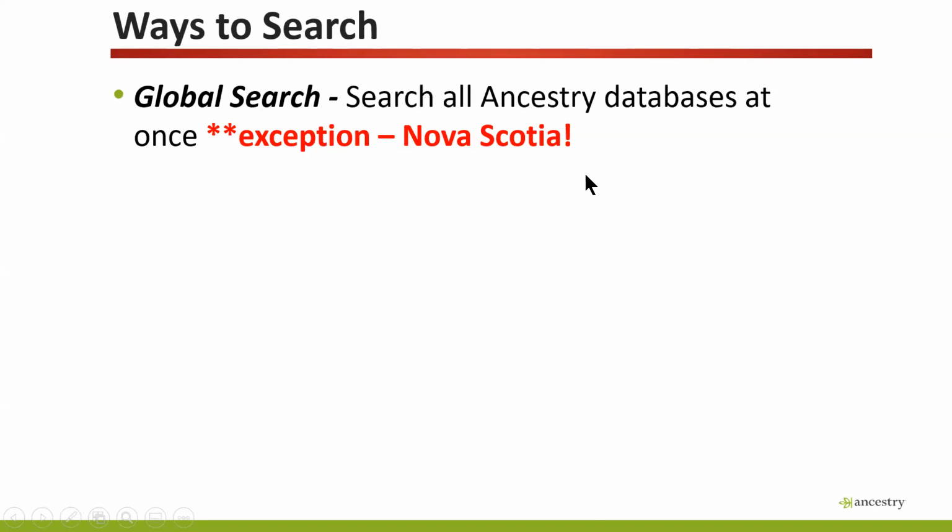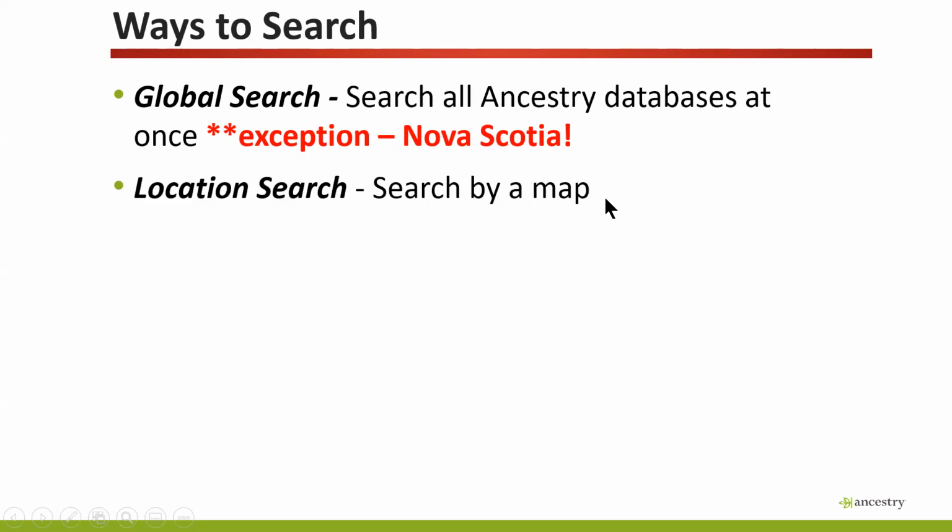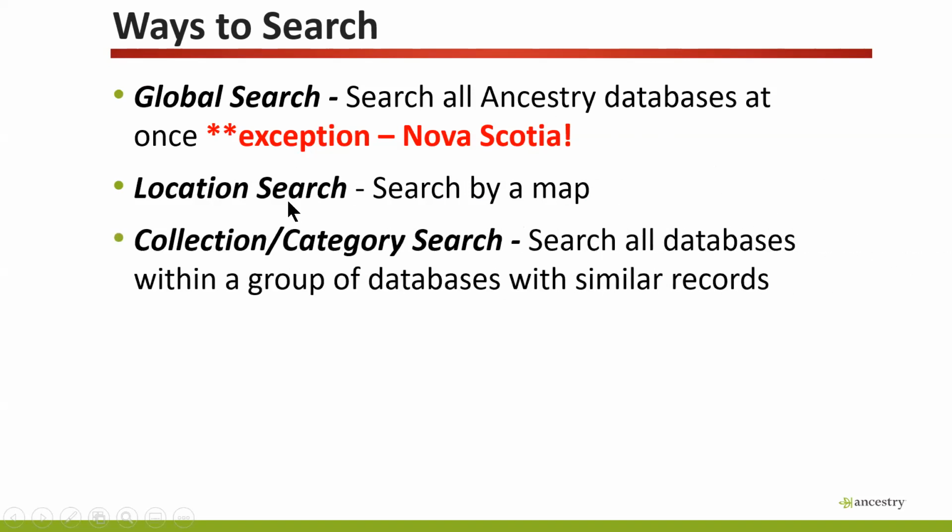We do have Nova Scotia records for birth, marriages, and deaths. However, the restriction on the agreement that we have with Ancestry is that you need to go to the map to find the Nova Scotia records and agree to their terms and conditions. So that's another way to find out what collections are available wherever in the world.